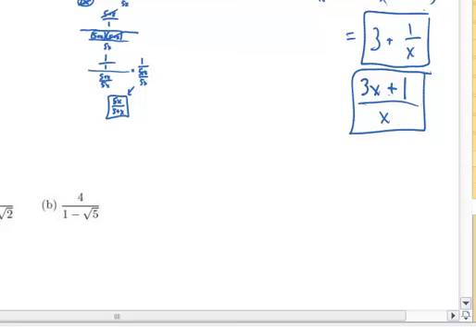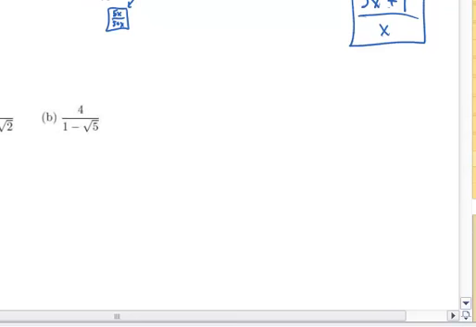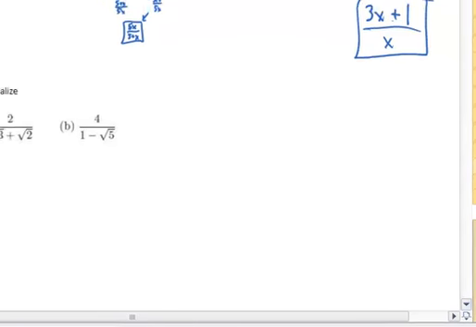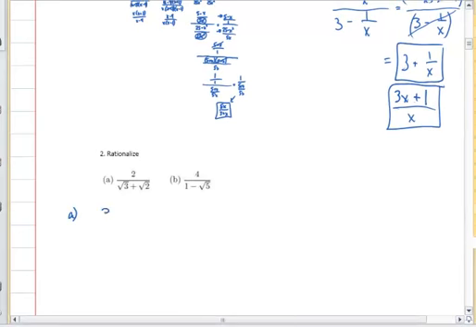Now let's move on to rationalizing. For AP Calc, we just want you to be aware of using the conjugate to rationalize a two-term denominator. So for example, in the first one, we would like to see that you can take this fraction and multiply it by its conjugate, and that you can manage doing the foiling with the multiplication.